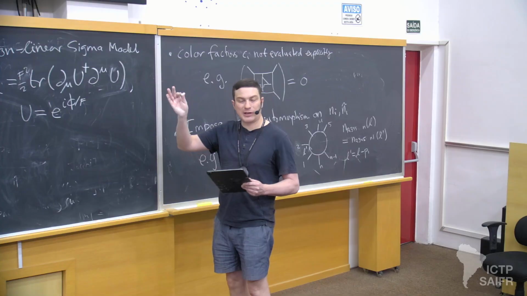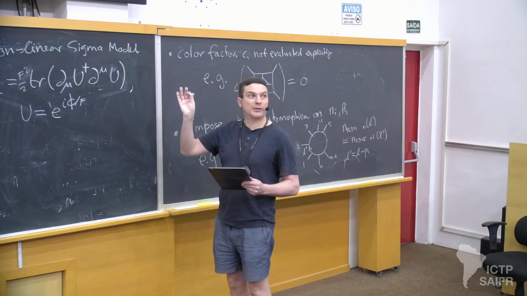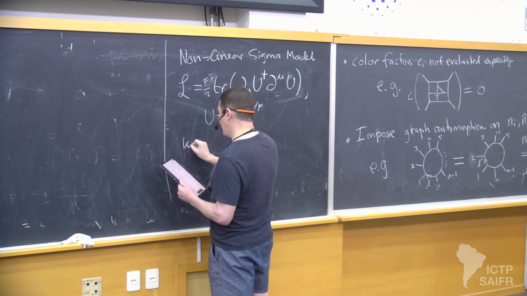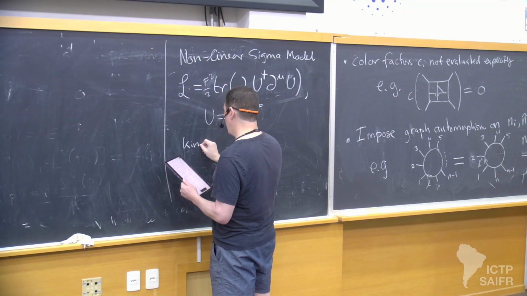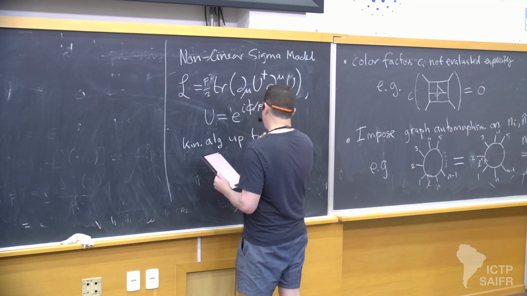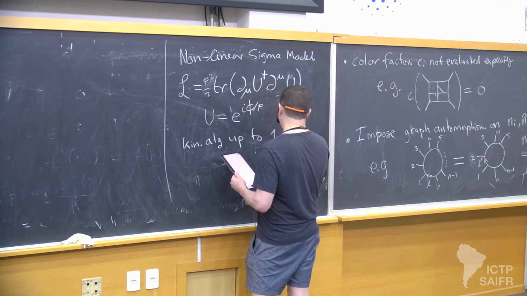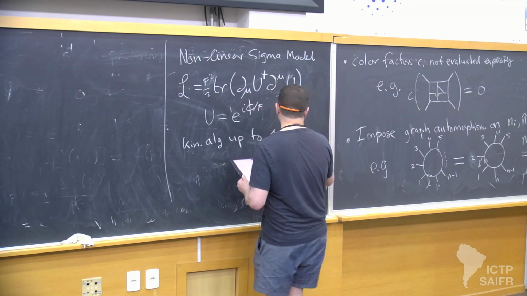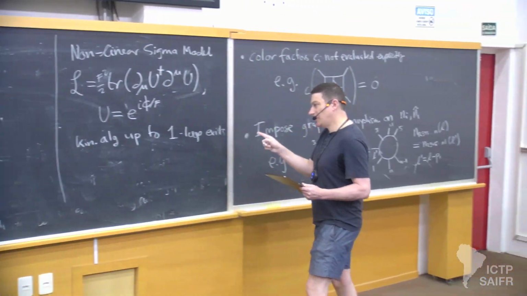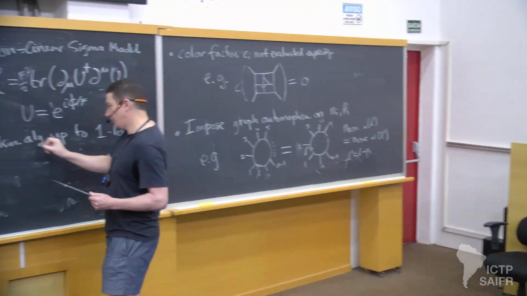So all tree-level and all one-loop graphs. Not beyond that though, right? So a kinematic algebra up to one loop exists. Doesn't mean that it doesn't work at higher loops, just nobody has done it.